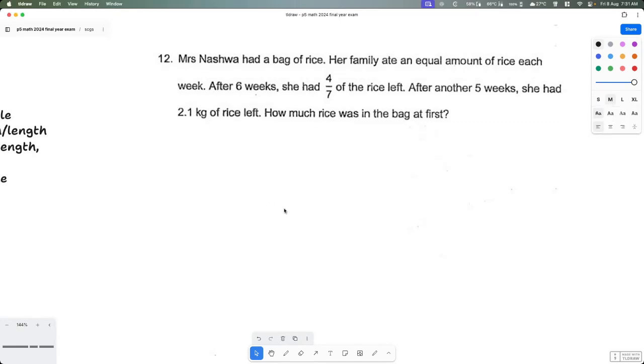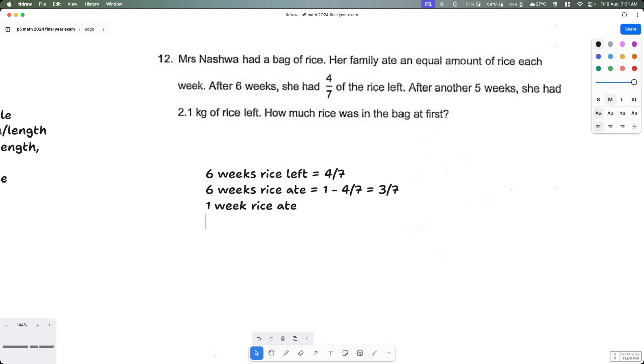Okay, so from here we can say 6 weeks rice left is equal to 4/7. So that means the opposite, rice left means rice ate, right? It is 1 minus 4/7, and this is 3/7. Okay, so we also want to know 1 week of rice ate, right?